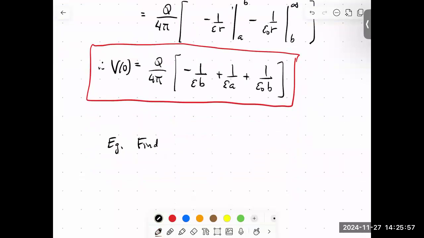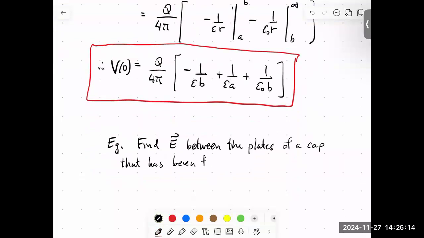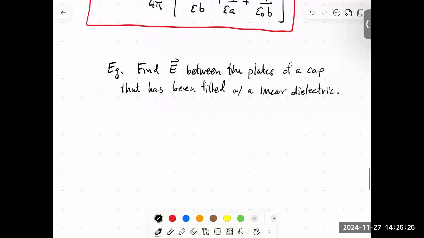I want to find the electric field between the plates of a capacitor that has been filled with a linear dielectric. All right, so we're going to have a capacitor plate.